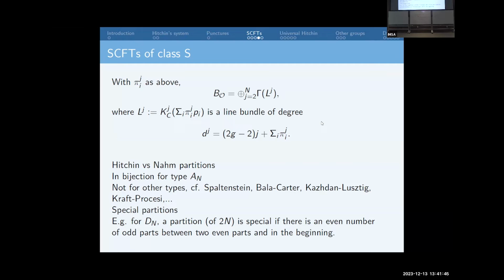So for example, in type C or SO(2n), you partition the number 2n, with some condition on it. And it turns out that it's special if there's an even number of odd parts between any two even parts, or in the beginning, before the first one. So it's a pretty captivating set of conditions that just ends up being the right one.